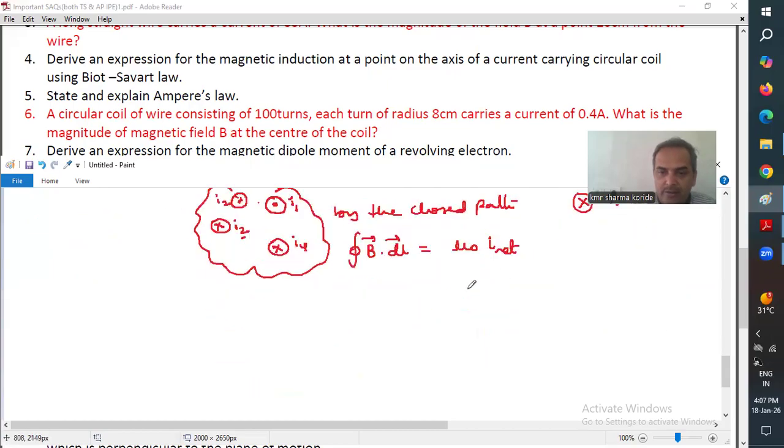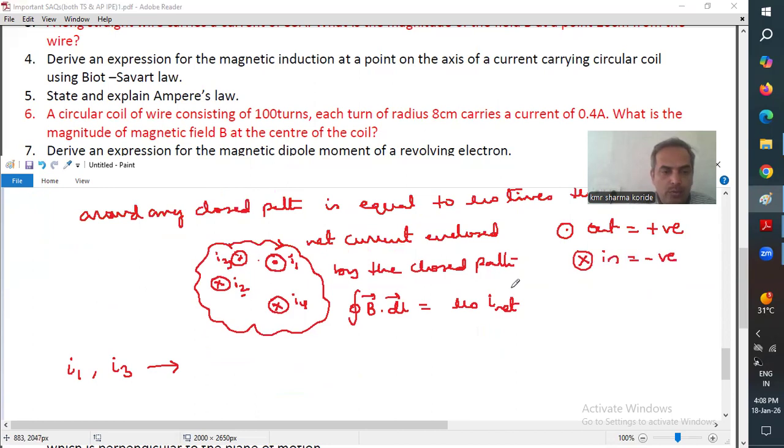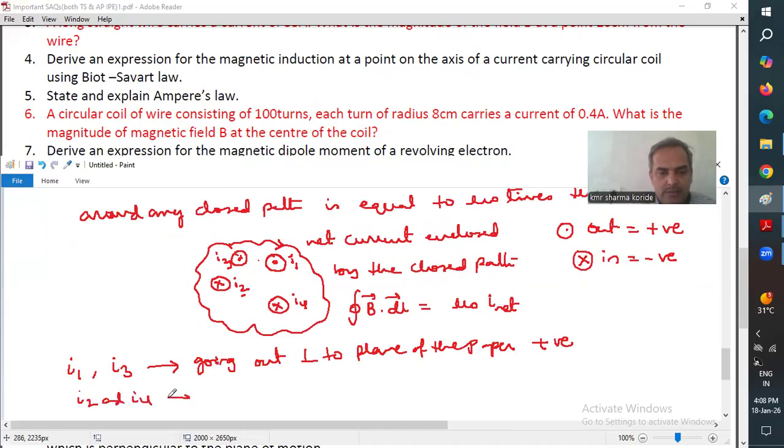So how do you find out I net? Let us say I1, I2, I3, I4. I1 and I3 are the currents going out, which are perpendicular to plane of the paper. So take them as positive. Similarly, I2 and I4 are the currents going inwards and perpendicular to plane of the paper.